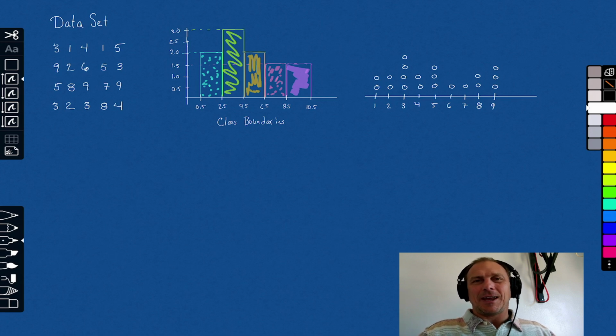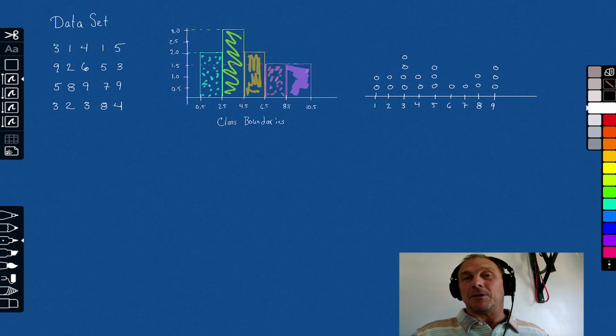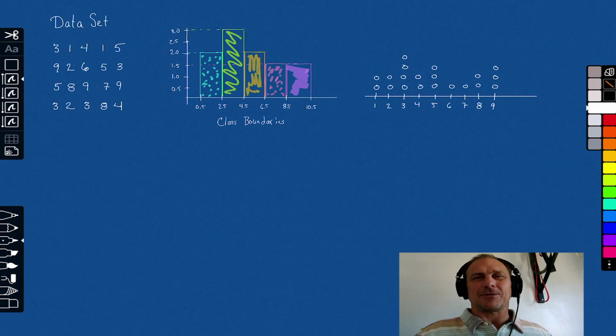I am Tom, and today we are going to take our histogram and put the information into a table, into a tabular form. This has a funny name, the frequency distribution, which I say is funny because we've also used frequency distribution to describe a graph.